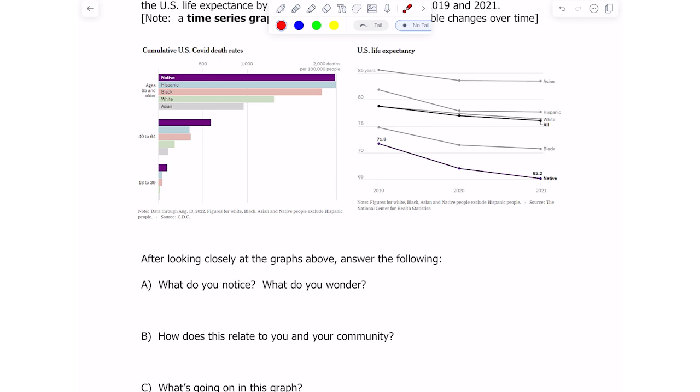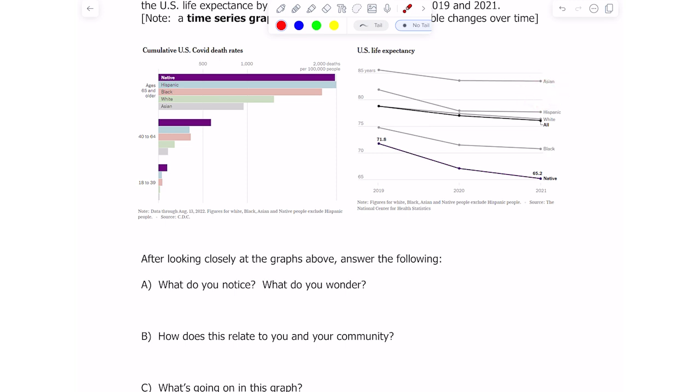I mean, look at Asian and white compared to Native Americans and Hispanics. So there was a significantly worse outcome if you were Native American for both the cumulative COVID death rate, and then also if you look at the US life expectancy, look at the way the Native American life expectancy declines compared to the other ethnicities. So that's something that I would notice.